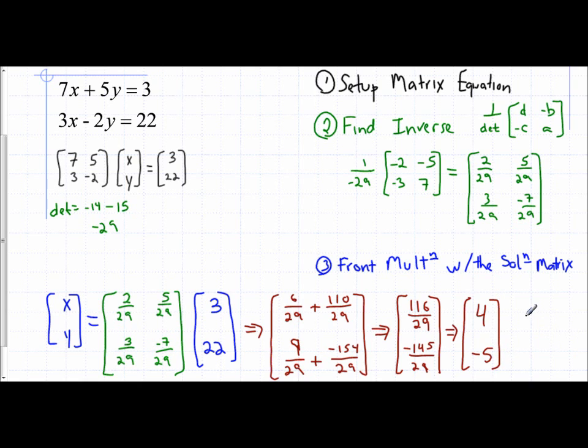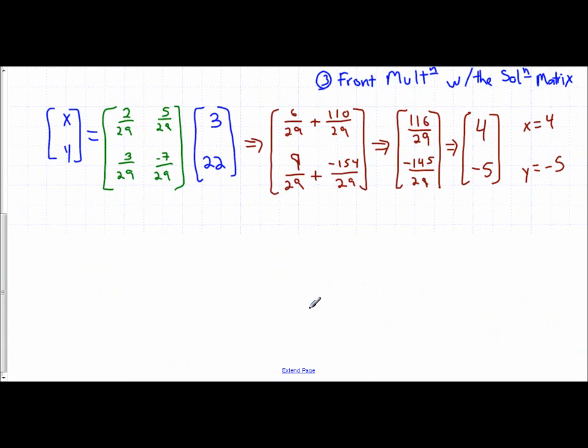And so x equals 4 and y equals negative 5. And so remember, the final step is to write your answer as an ordered pair. So write as a point. So you have the coordinate (4, -5) as your solution.